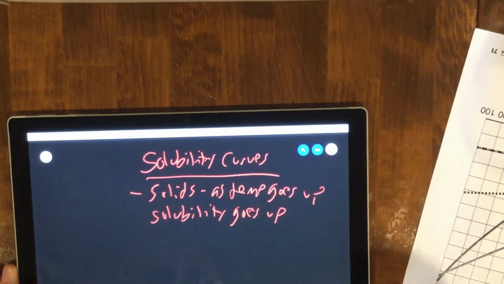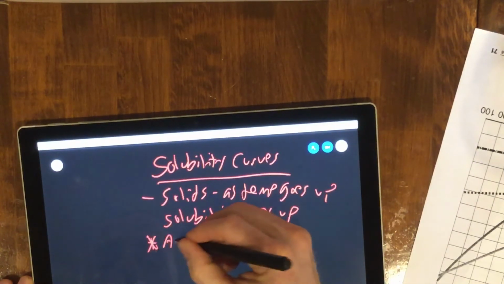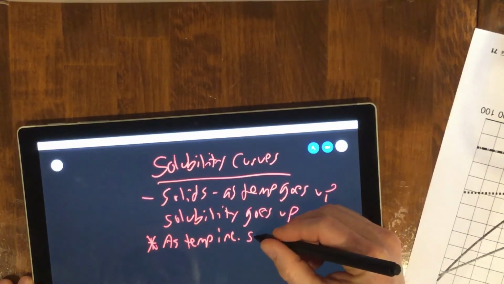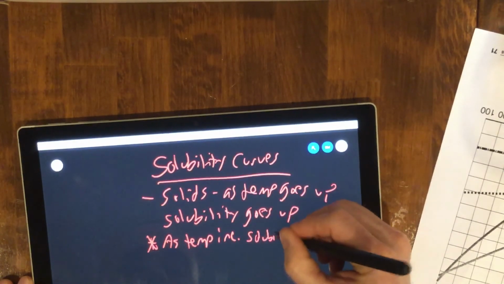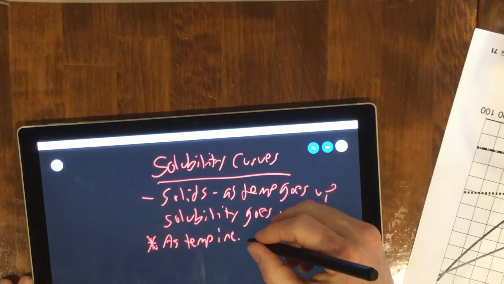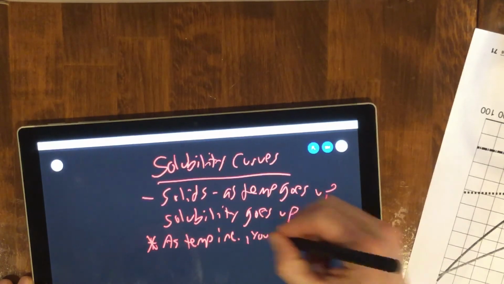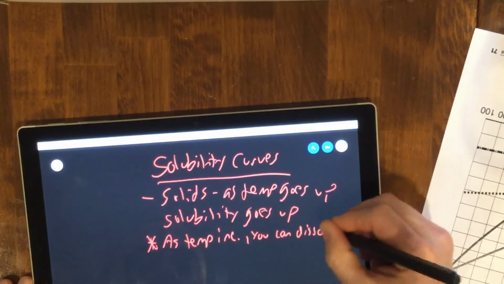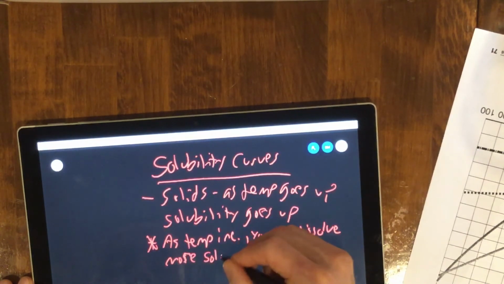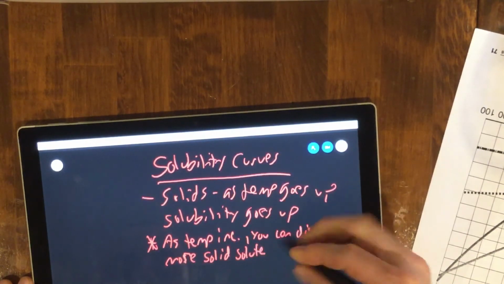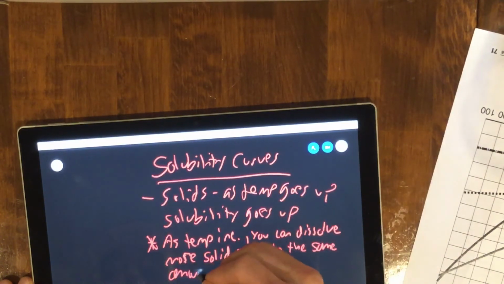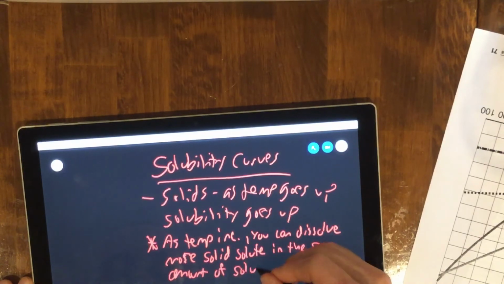So basically, as temperature increases, solubility goes up. As temperature increases, you can dissolve more solid solute in the same amount of solvent.